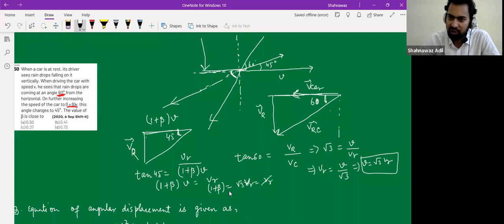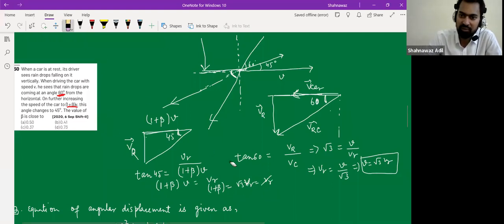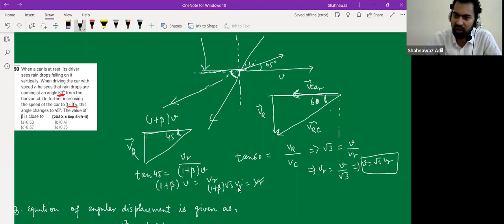So this one cancels. So this is √3 VR is equal to VR. Right. So 1 plus beta is 1 by √3. Right. So 1 by √3 is what?